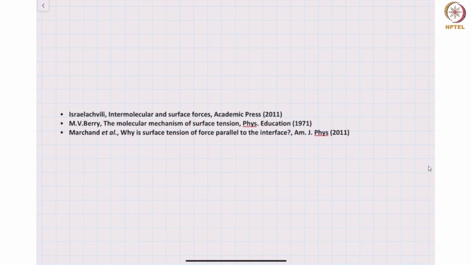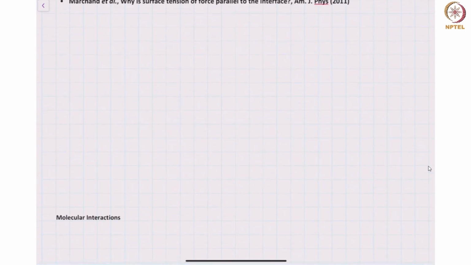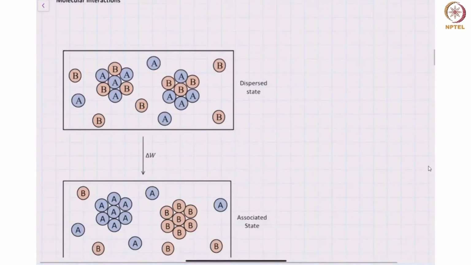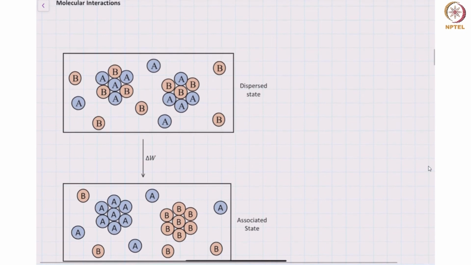Now let's start by asking, what is the nature of molecular interactions? To understand this, I am showing you two simple diagrams here. We want to understand molecular interactions. Let's consider a mixture of 2 kinds of molecules, and in the first state they are in a dispersed state, as I've called it here.